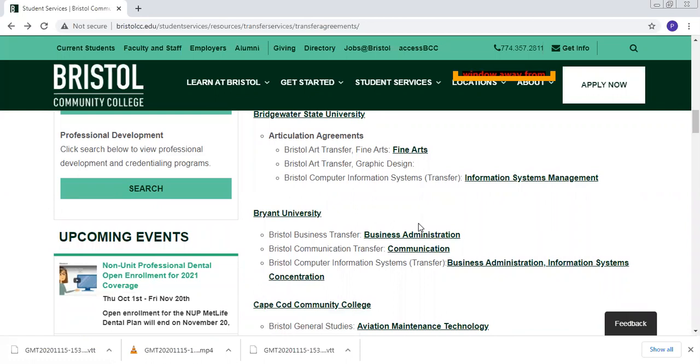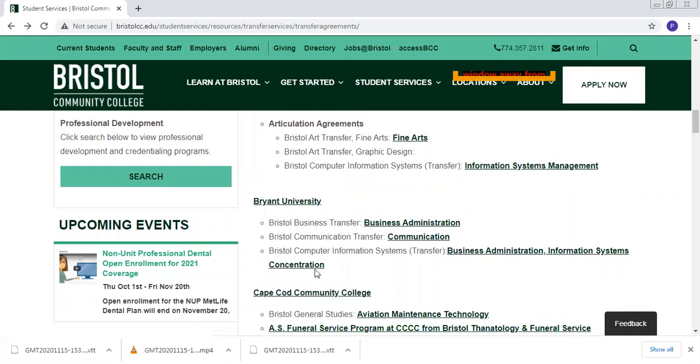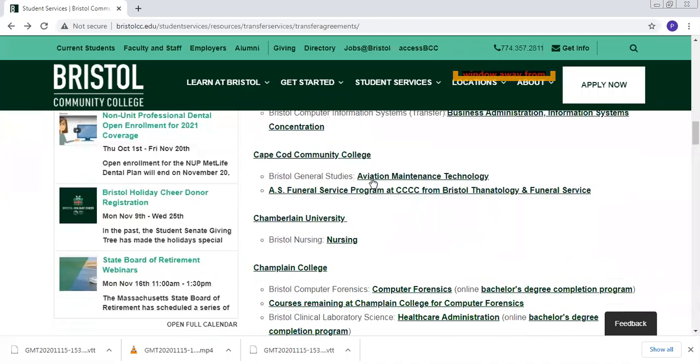Bryant, again, is a private college in Rhode Island, and we have agreements with them. Cape Cod Community College, if you want to fly a plane, or aviation maintenance. All right, if you want to do something with thanatology and work in the funeral service.